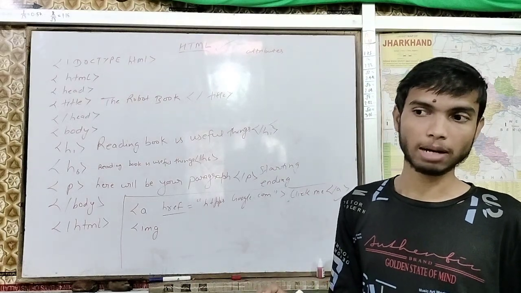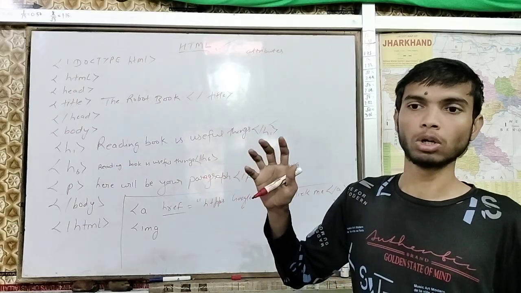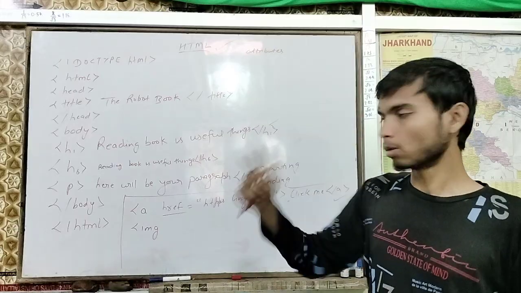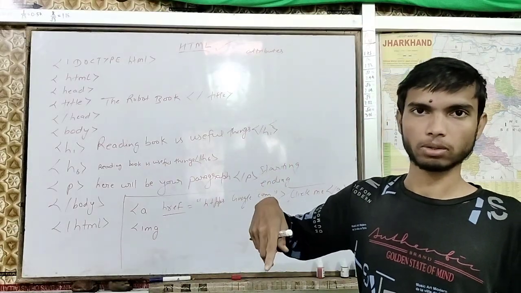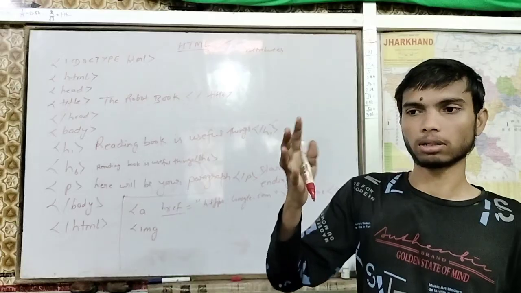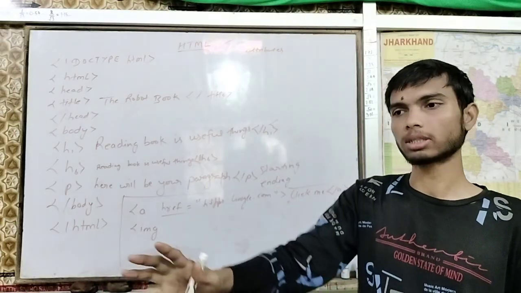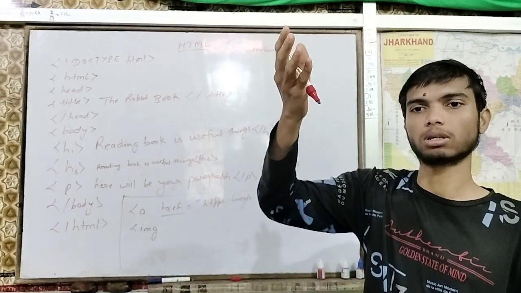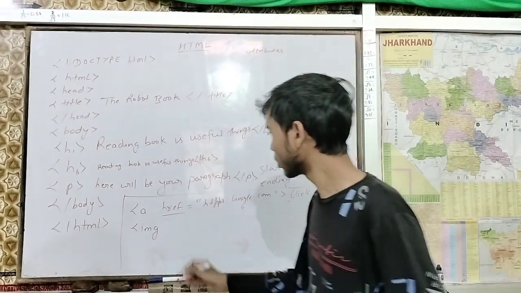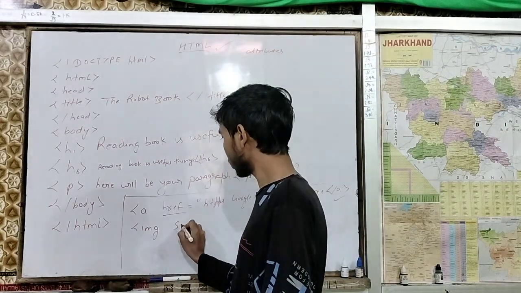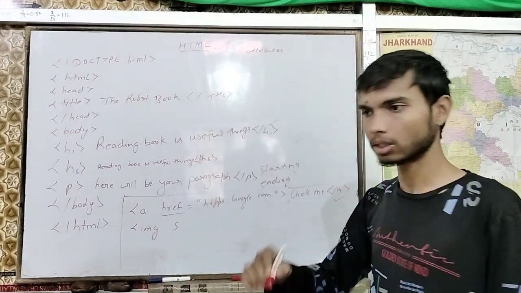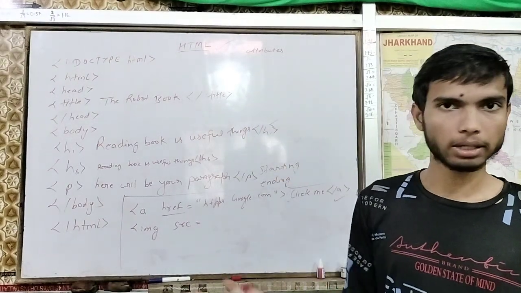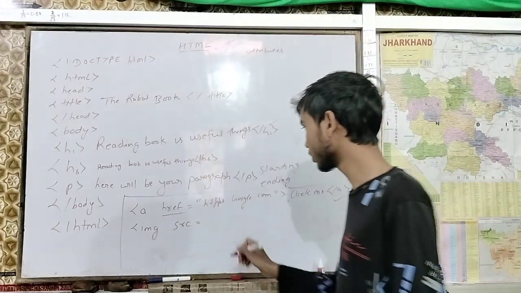That's all. So that's why I'm telling you that it is important to provide the source of your image, from where you are taking your image, the link of the source of your image. Here, source is written in short form as src, then equal, and here will be the link of your image.